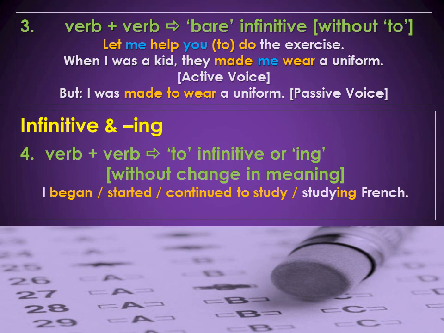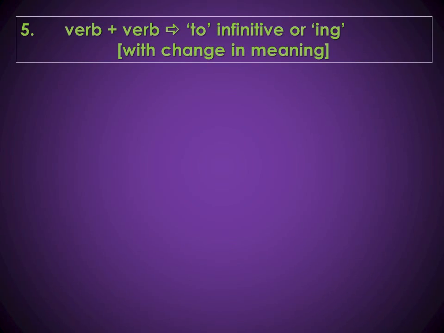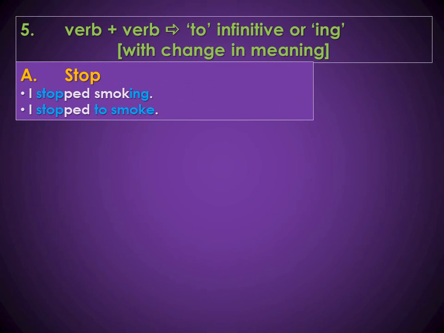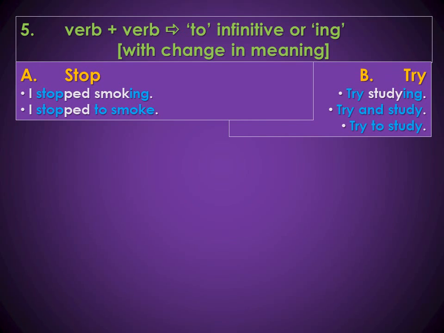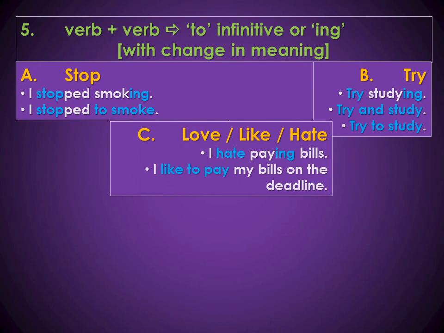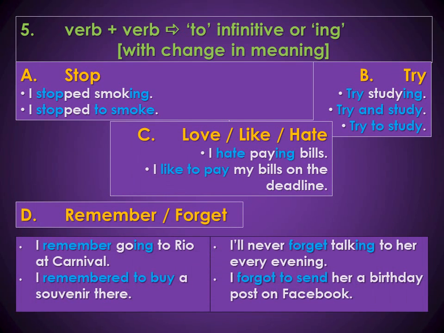We've discussed this before. If you were confused about bother, go double check it. Okay, verbs with to infinitive or ing with changing meaning. We've talked about them in class, so try and remember the differences.